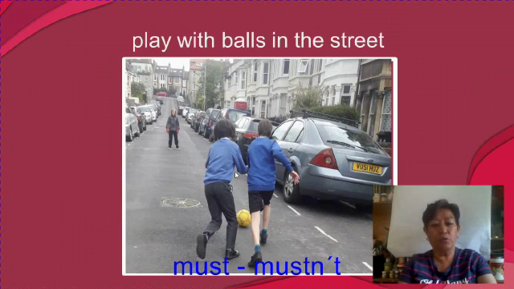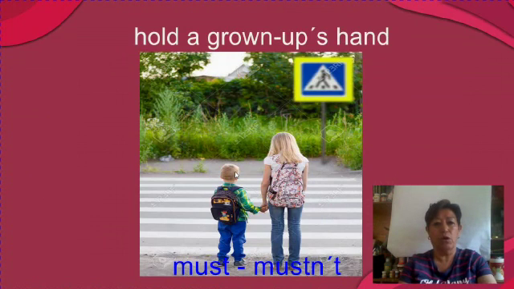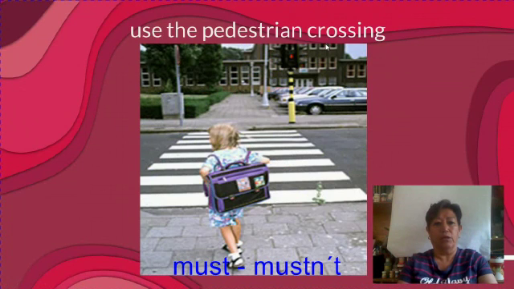You mustn't, yes, it is dangerous and you may have an accident too. When you cross a road, you must hold a grown-up's hand. It's more secure. When you cross a road, you must use the pedestrian crossing.